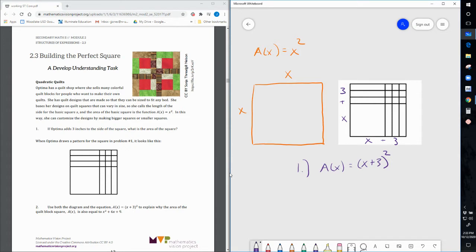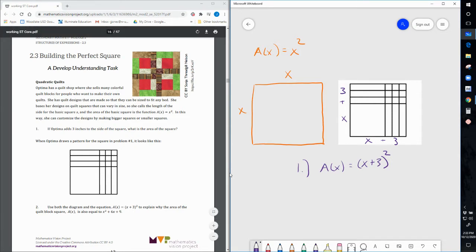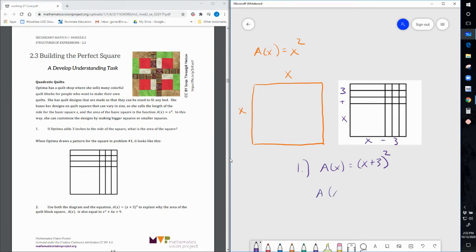All right, number 2 says use both the diagram and the equation that you just got to explain why the area of the quilt block is also A of x equals x squared plus 6x plus 9. You can use whatever method you can, but explain in a sentence or two why these two equations are equal to each other.